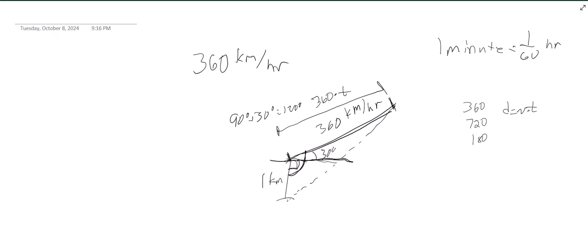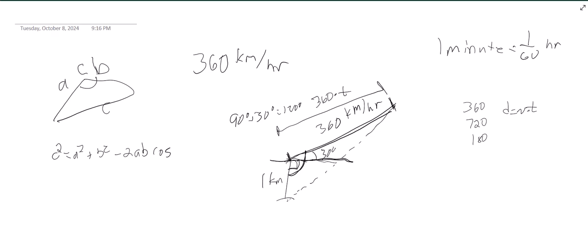Now, here is the part that you probably don't remember, but from trigonometry, the law of cosines: if I have a triangle with sides a, b, c, and this angle is capital C, then little c squared equals a squared plus b squared minus 2ab cosine capital C. So in this particular example, our c squared, that's our distance, this side right here, equals the other two sides.